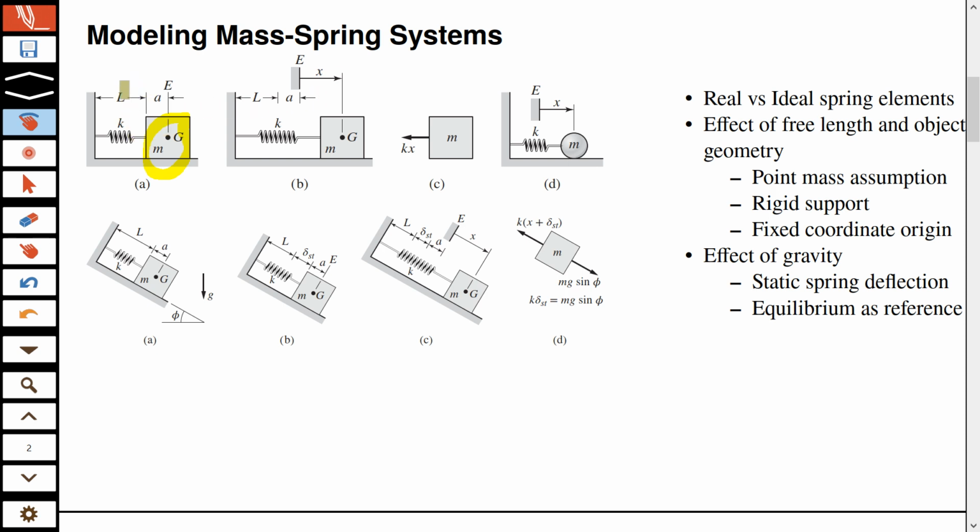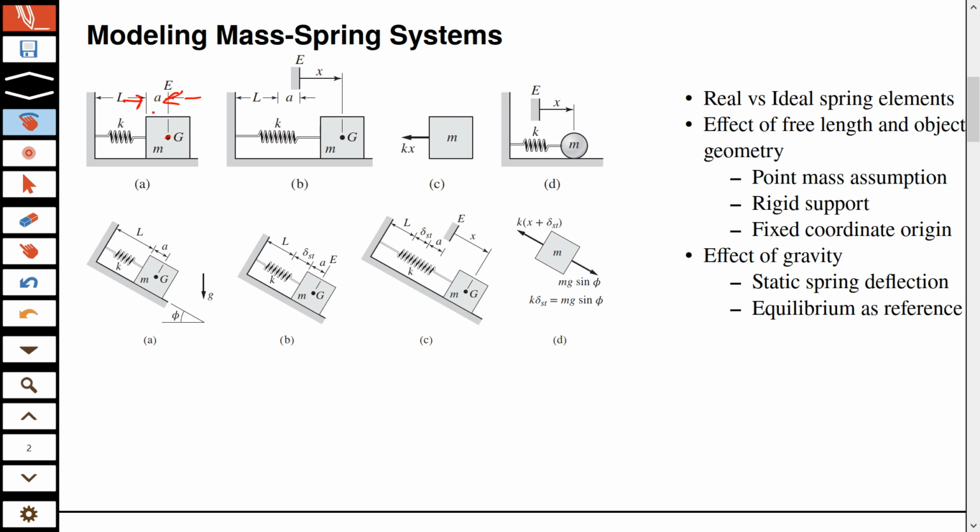Similarly, the free length of a spring, yeah. So L here represents the free length of a spring which has not been stretched or compressed. Similarly, this dimension A here informs you about the center of mass.